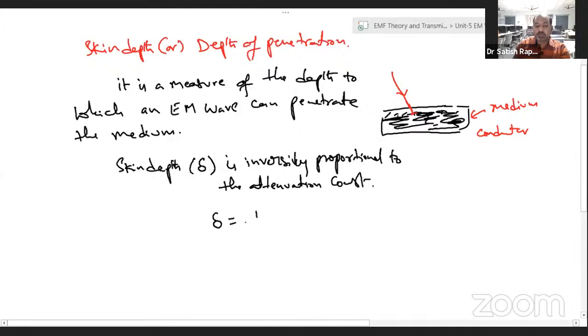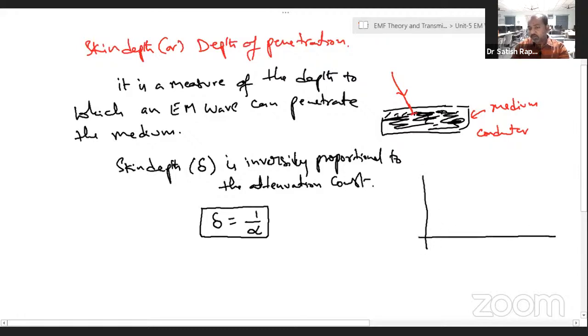So delta is equal to 1 by alpha. This is the formula, and we can derive this formula.